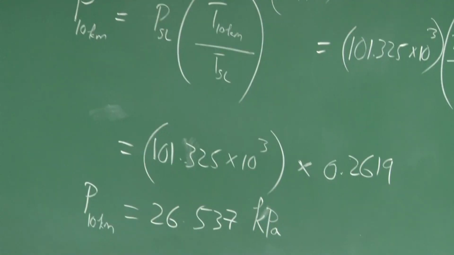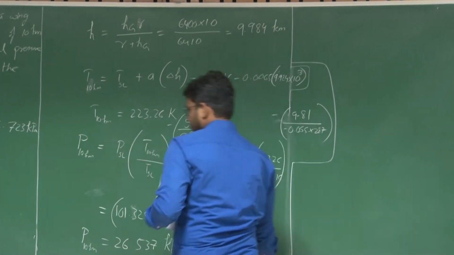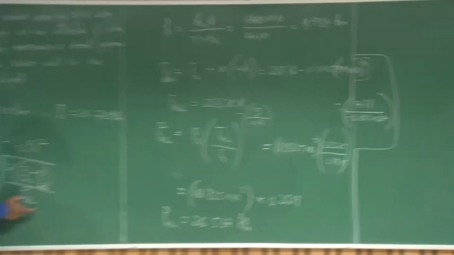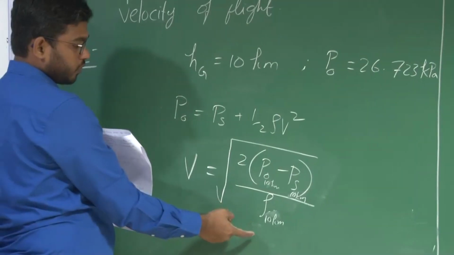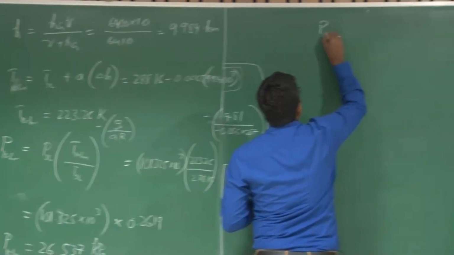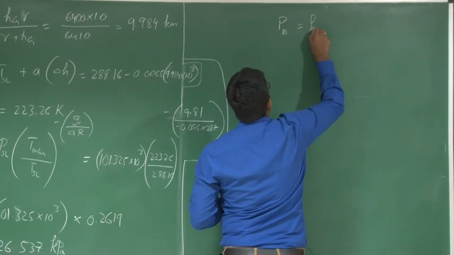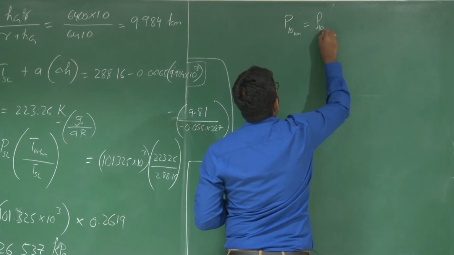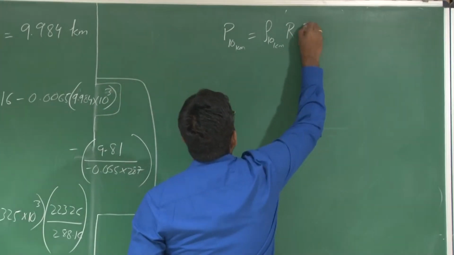So static pressure at 10 kilometers is 26.537 kilopascals. To find the velocity, we need density as well, density at that particular altitude. So by using the equation of state, P at 10 kilometers is equal to rho at 10 kilometers R into T at 10 kilometers.